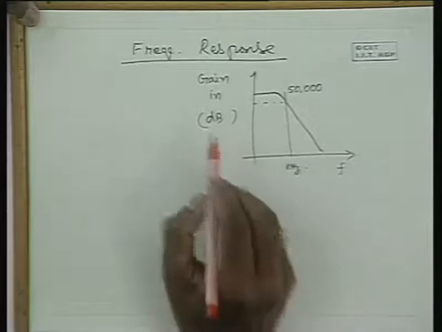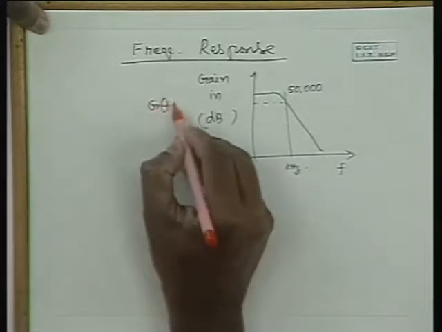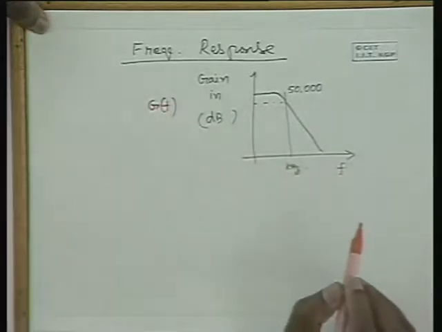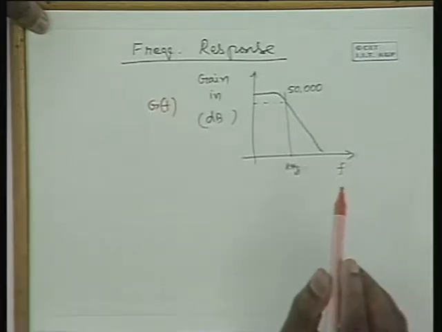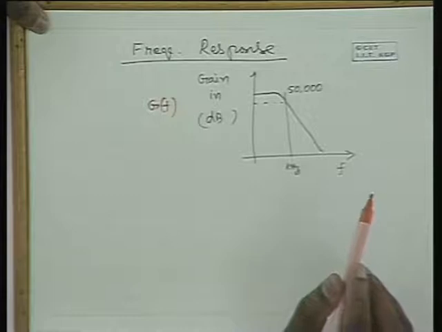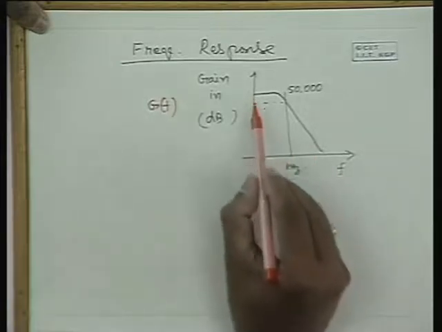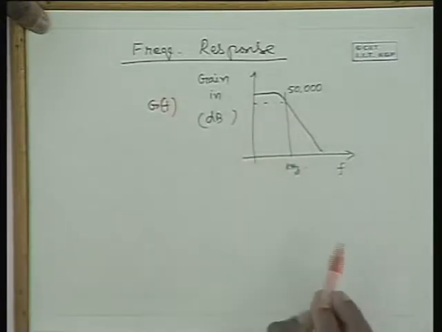This was already discussed during the RC coupled amplifier discussion. So the gain falls with frequency like this. Please note that it is a DC amplifier, it does not use any coupling capacitor, hence at 0 frequency it also gives high gain.